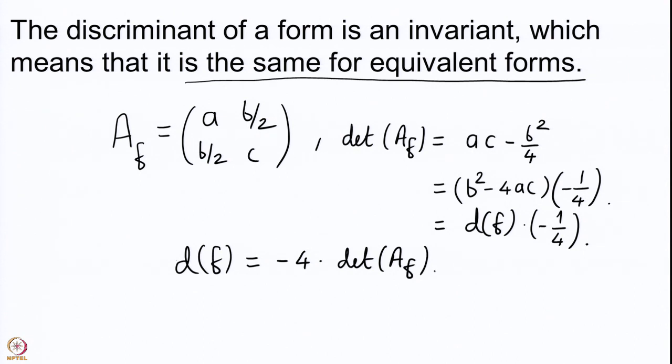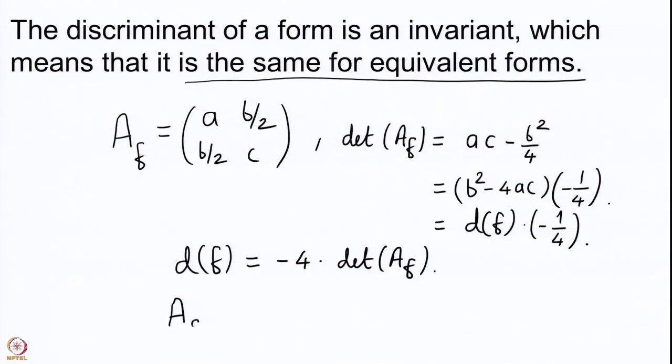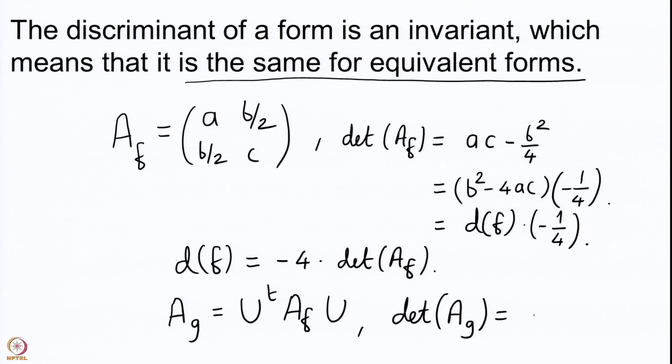Now when I change my form F to form G, the change happening for the matrices, I hope you remember that AG was U transpose AF U, and here we can easily compute that determinant of AG is nothing but determinant of AF.